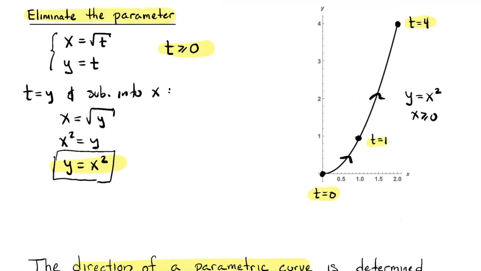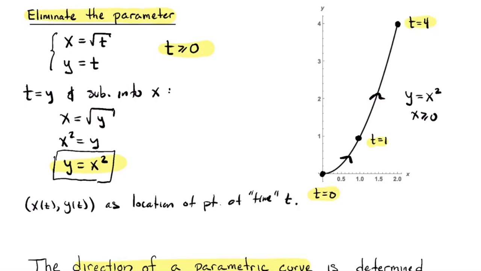Again, a nice way to think about this: you don't have to, but you can think about x comma y as being the location of a point at time t. Think of x of t and y of t as the location of a particle at, quote unquote, time t.